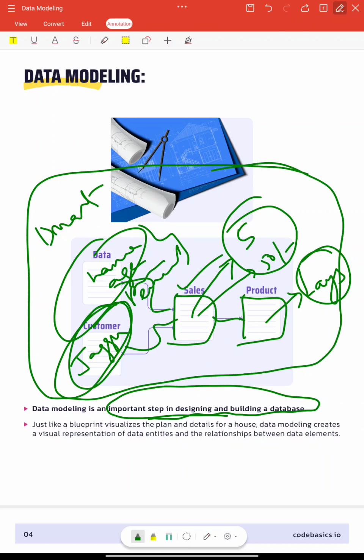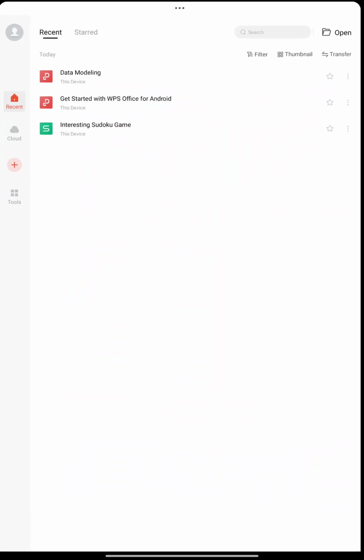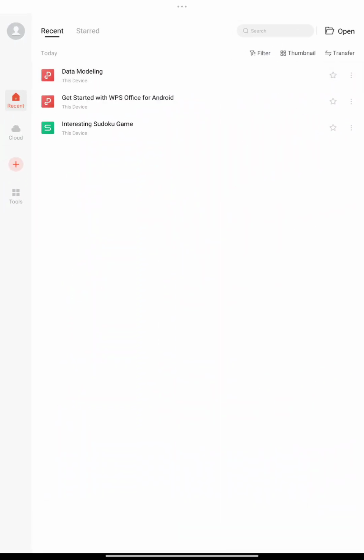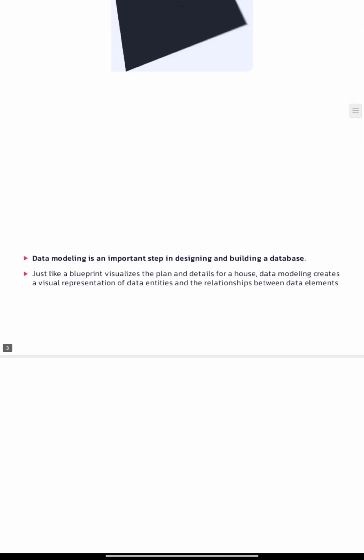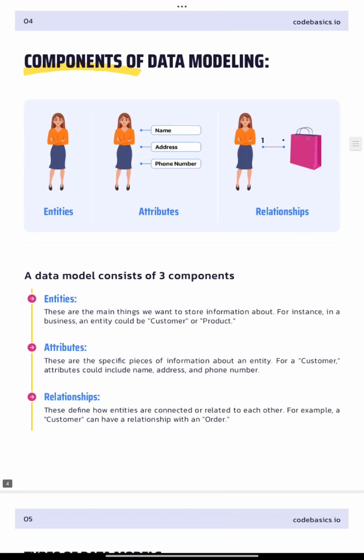Now, let's go through the components of data modeling.